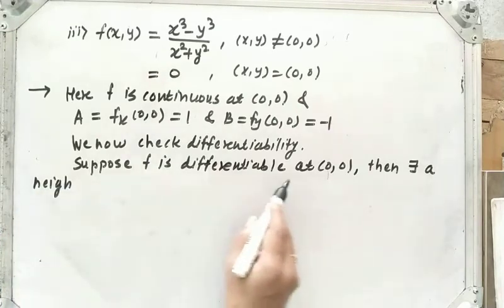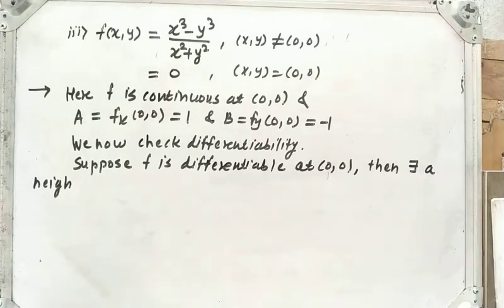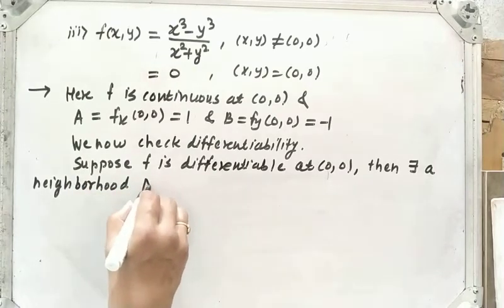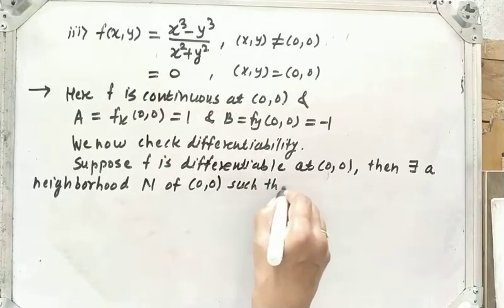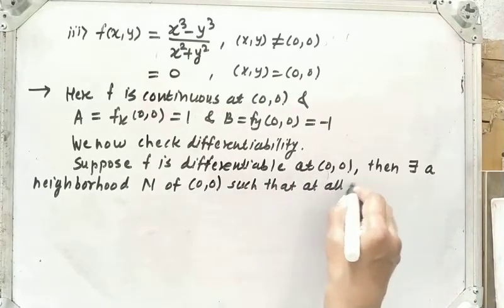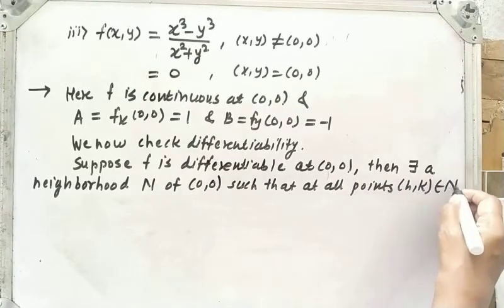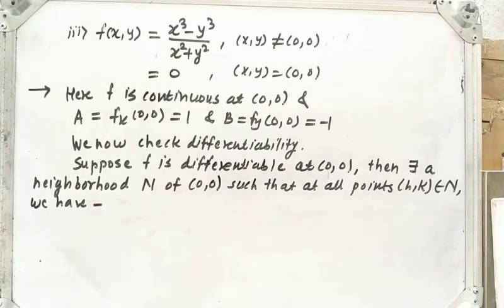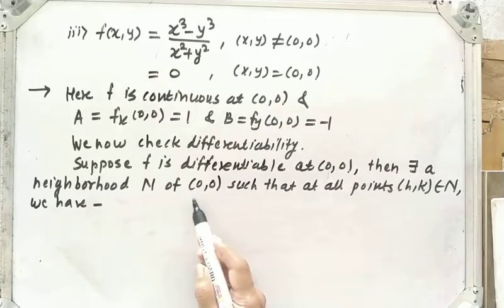By definition, there exists a neighborhood N of the point 0, 0, such that at all points h, k belonging to N, we have, as the function is differentiable at 0, 0, for each point in that neighborhood, we have what?